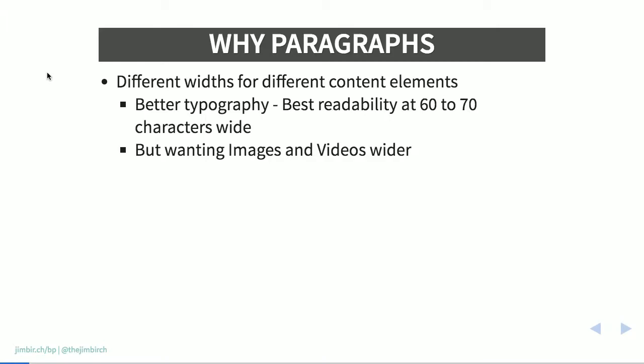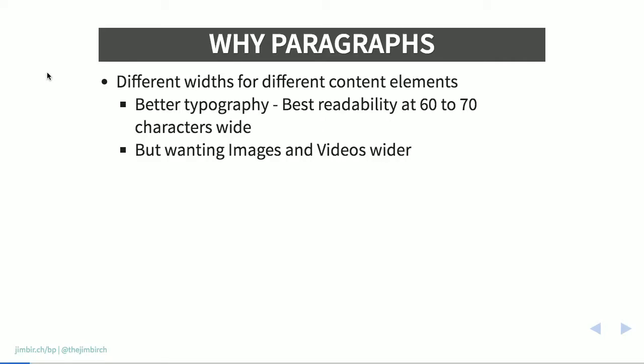I first found paragraphs when I was working on a project and I wanted a different width of the body field for text than I did for images. Good typography is about 60 to 70 characters per line. Really, really wide pages are hard to read for people.